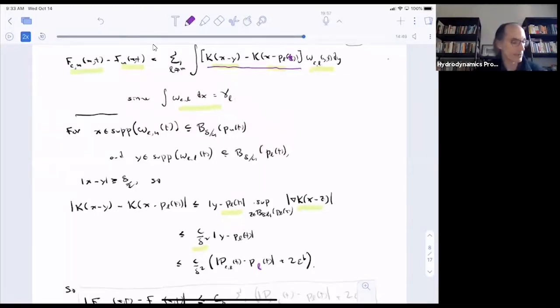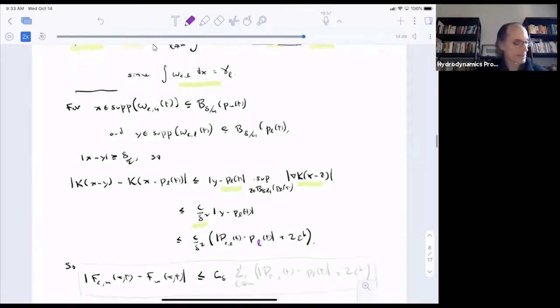I know that every point in the support of the blob is close to the point capital P, and so we already have this estimate from above that y minus capital P is of order epsilon.